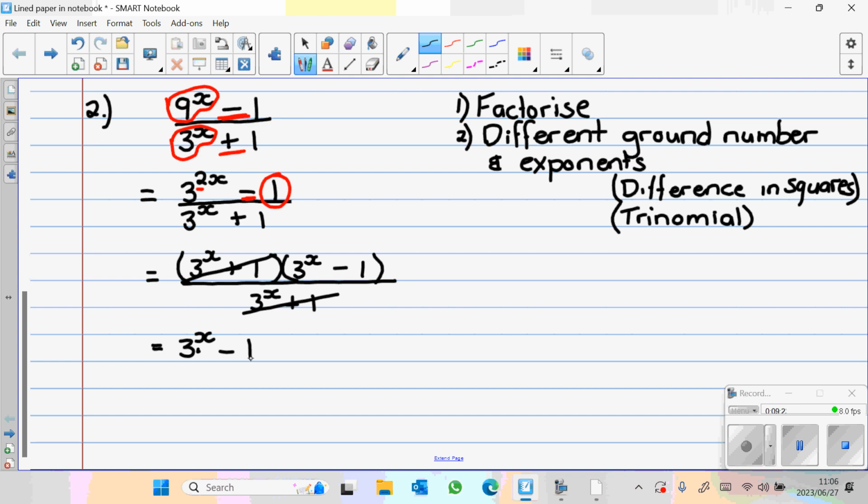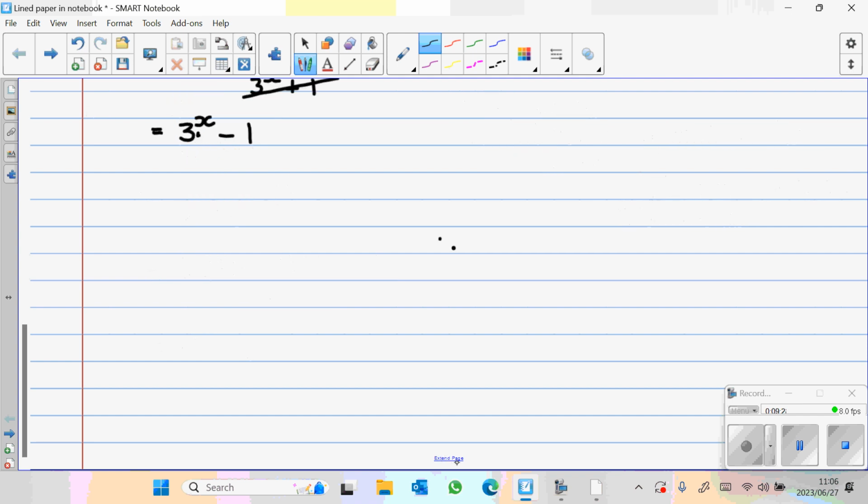If we continue, and I do the following one. Four to the power of x minus 4 times 2 to the power of x plus 3 divided by 2 to the power x minus 1.